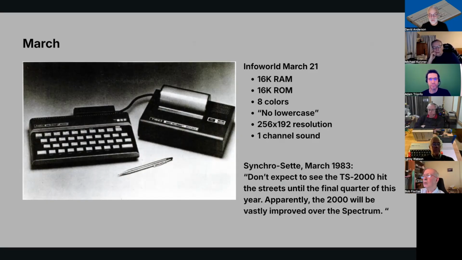But one of the interesting little things that I spotted was this magazine called Synchroset. It was a little half letter size, 5.5 by 8.5 newsletter. And in March, the editor of that was perhaps the best at calling exactly what would happen, because he said, don't expect to see this thing until the final quarter of 83.